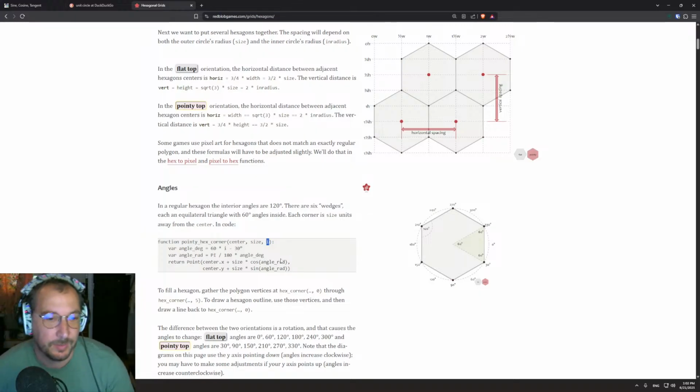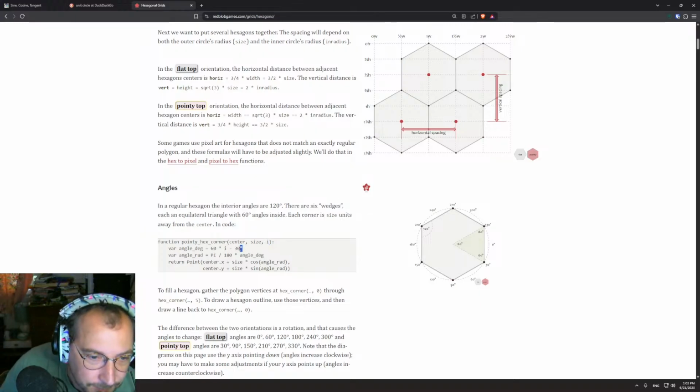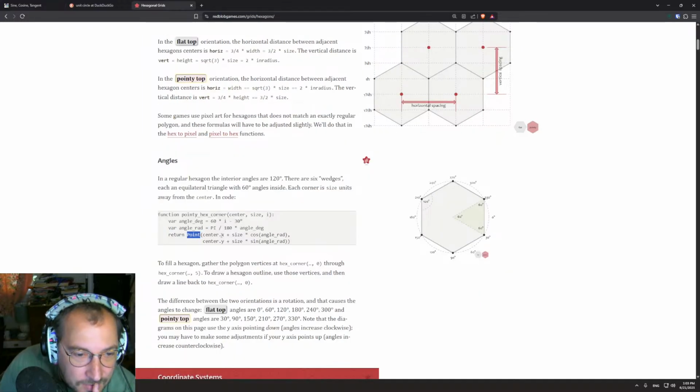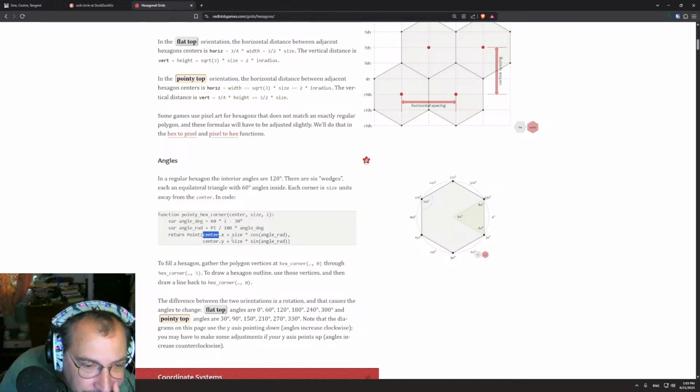Why is this in degrees? Pi divided by 180 times the angle in degrees. We're returning a vector 2: center x plus size.